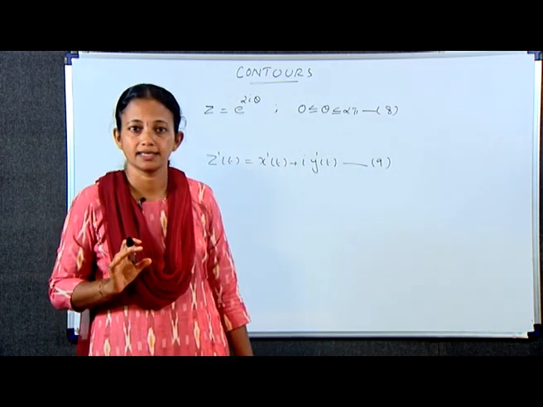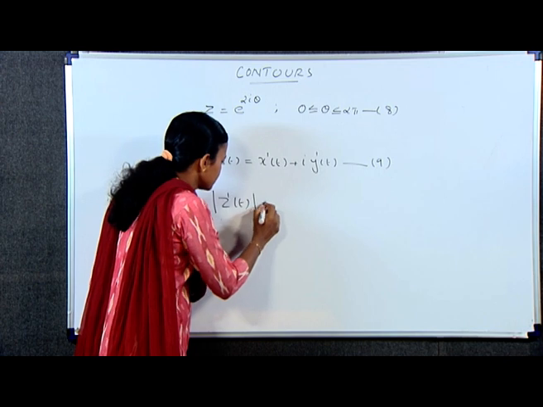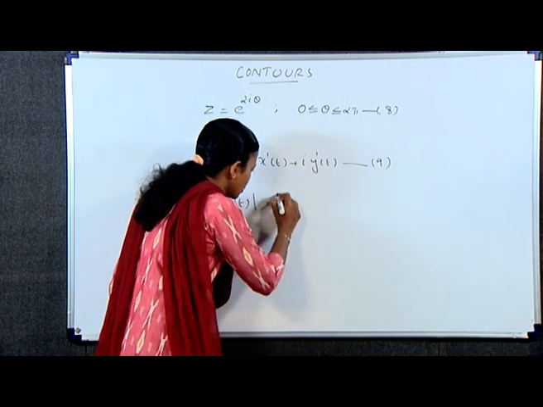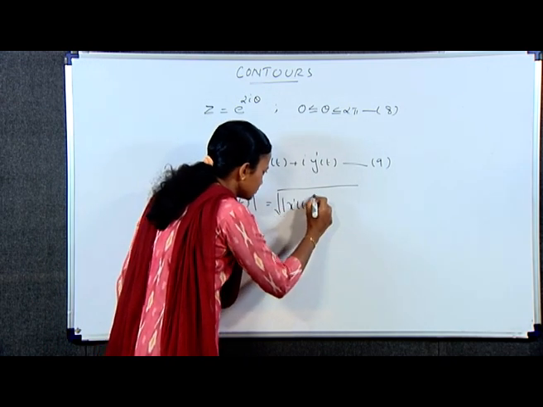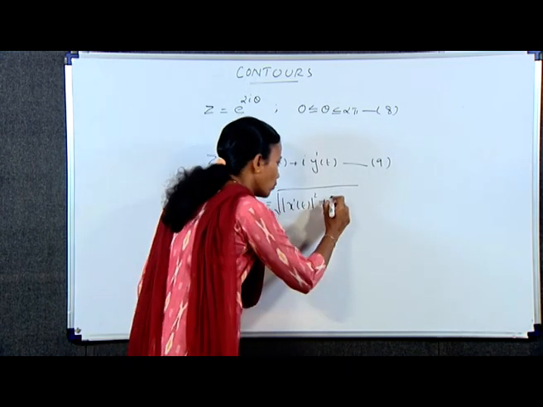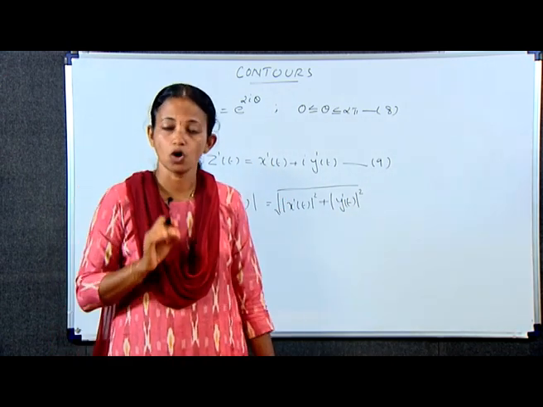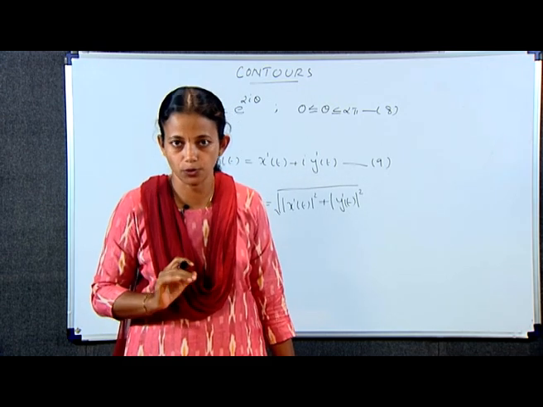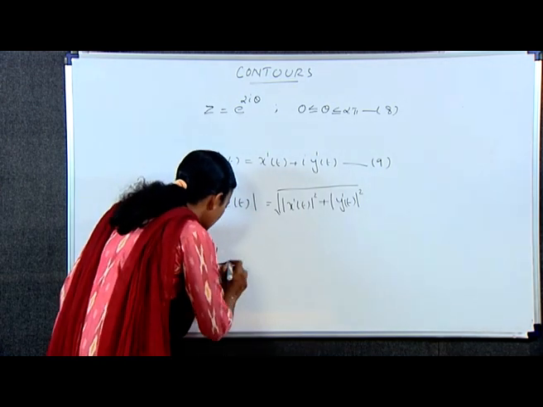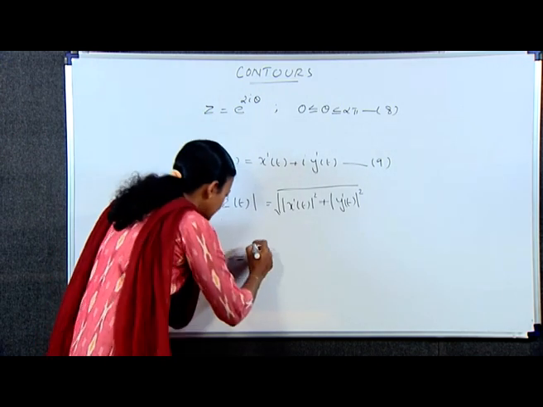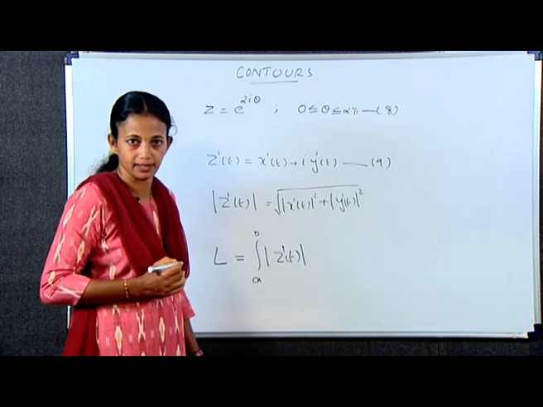It follows that the real valued function, that is mod z dash of t, which we can write as square root of modulus of x dash of t squared plus modulus of y dash of t squared, is integrable over the interval a less than or equal to t less than or equal to b, and then the length of the arc is given by L is equal to integral a to b mod z dash of t dt.